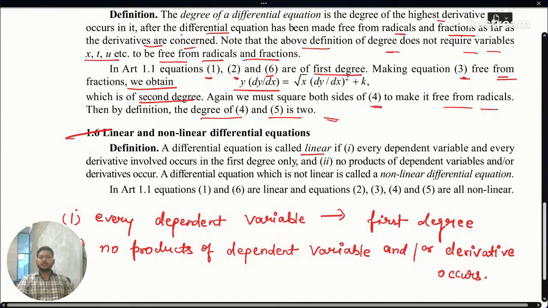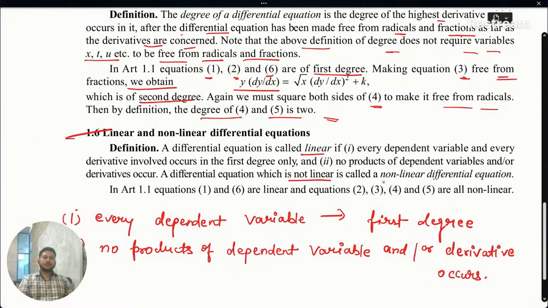So everything is fine. A differential equation which is not linear is called a non-linear differential equation, and a differential equation is linear if these two points hold.